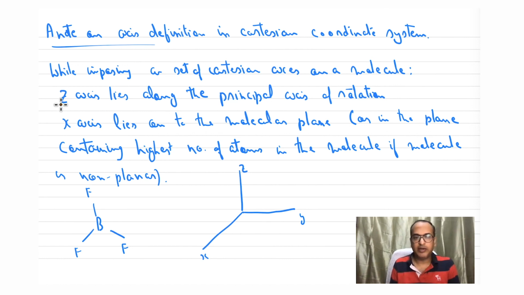So of course, if you have defined the z and x-axis positions, the y-axis is determined automatically by the right-handed coordinate system, right? So if we are keeping our molecule, B, we have to put it such that the C3 axis, which is the principal axis, lies along the z-axis, right? So we will put B, F, F, F.